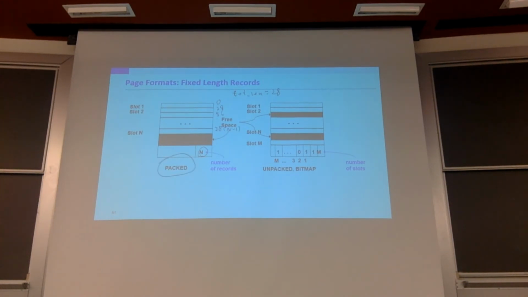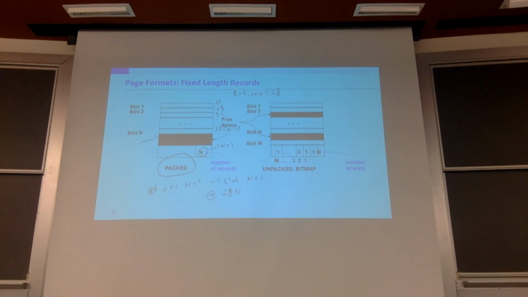So if you are going to insert something in the packed array, you append the next one to the free space here. You look at the n here, and you store the record at offset 28 times n. And you update this to n plus 1.